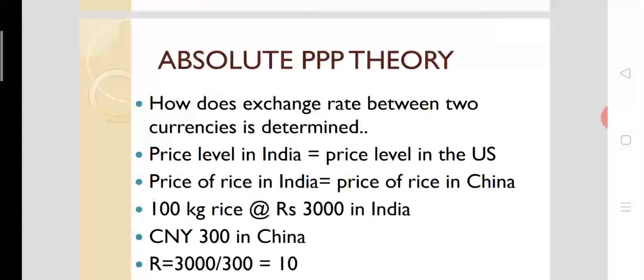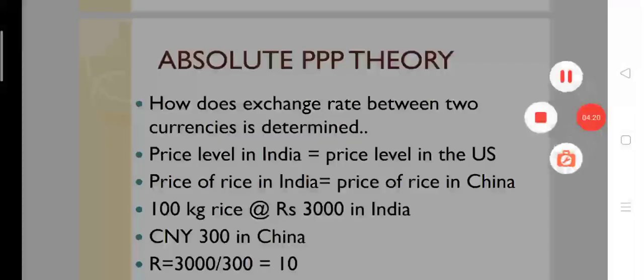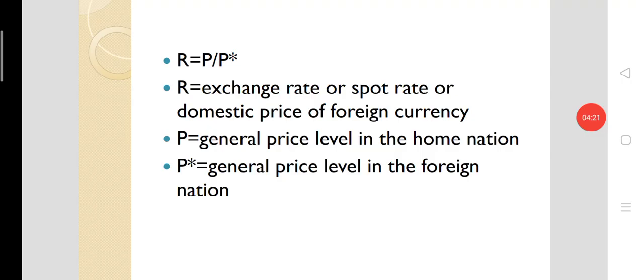This is the value of Chinese yuan in terms of Indian rupee, or this is India's exchange rate in terms of Chinese yuan. This is the way in which the exchange rate is estimated as per the absolute version of purchasing power parity theory. And here is the equation for finding the equilibrium rate of exchange as per the absolute version of purchasing power parity theory.